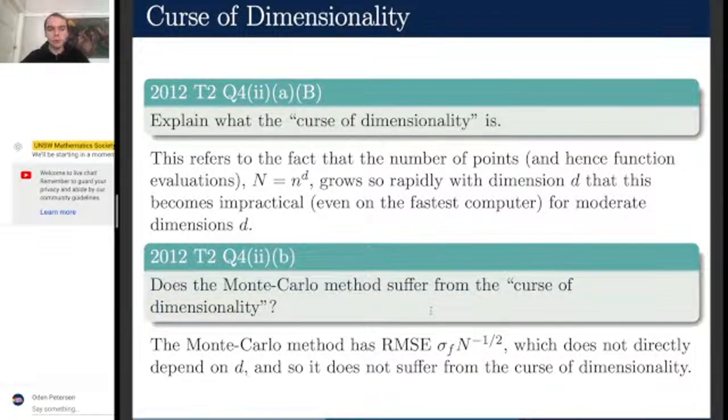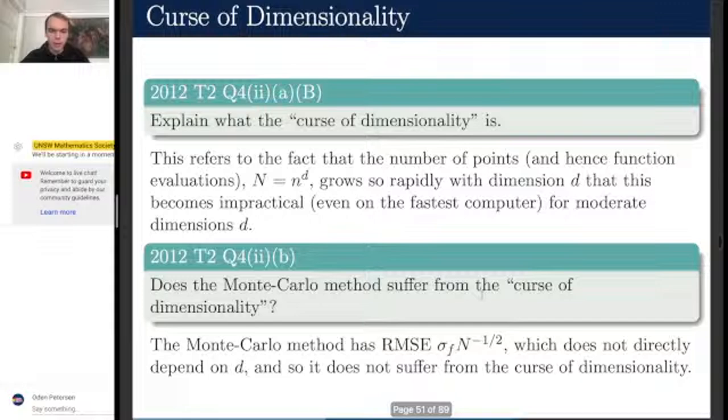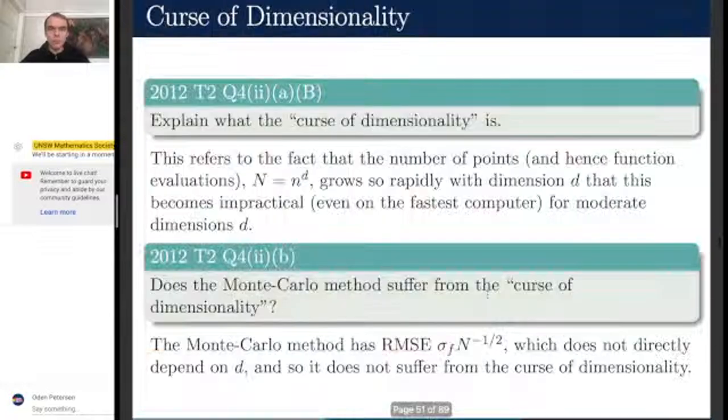And I guess if you remember from the lectures, the Monte Carlo method is, rather than going through all of these n to the d different nodes at which to sample the function, rather than doing that, we can select the places at which to sample the function from a distribution.